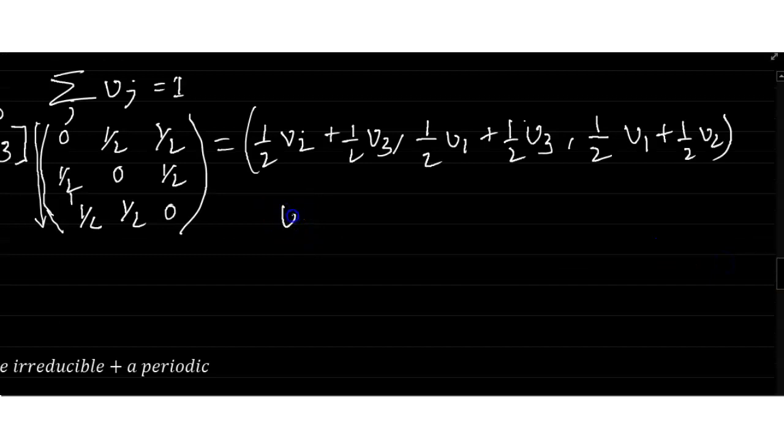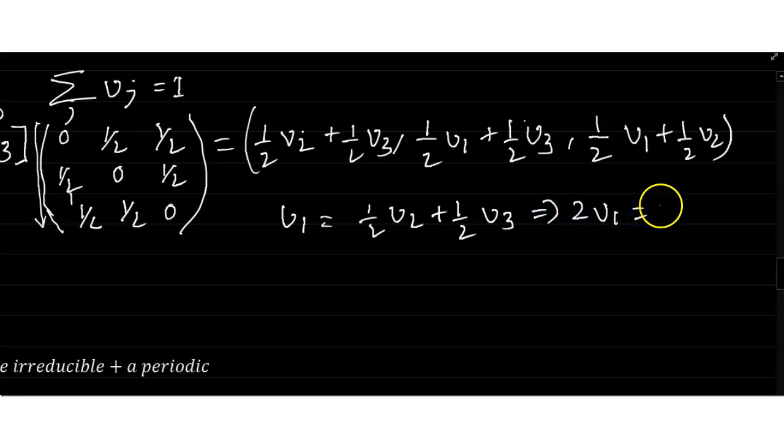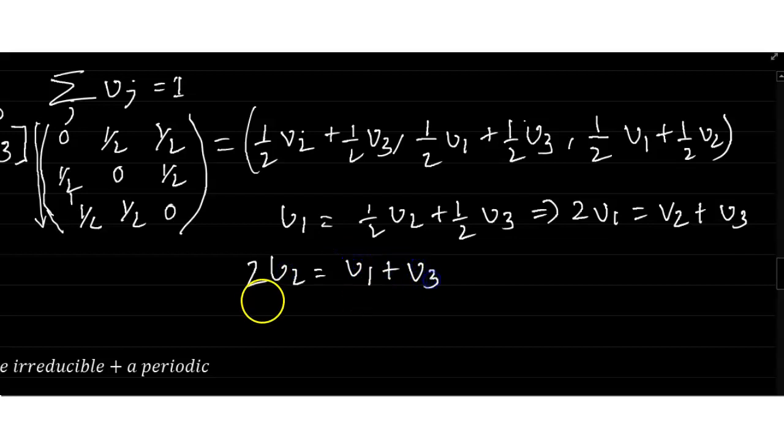Now v1 equals half v2 plus half v3, so we get 2v1 equals v2 plus v3. Similarly 2v2 equals v1 plus v3, and 2v3 equals v2 plus v1.